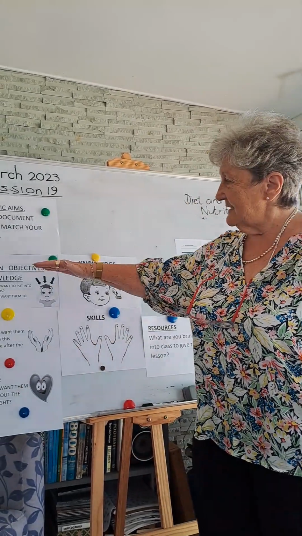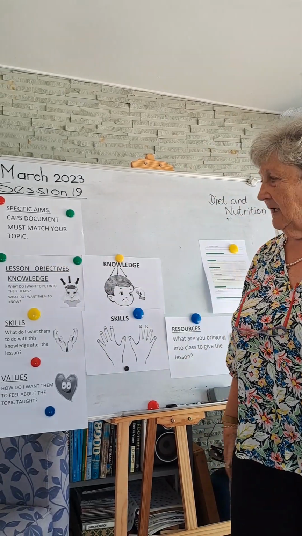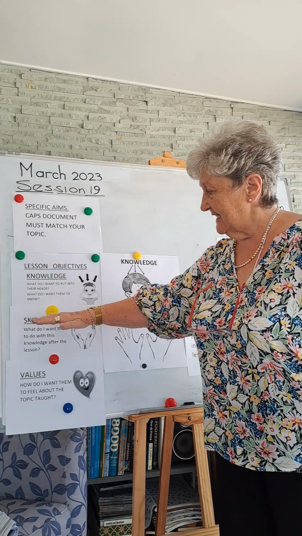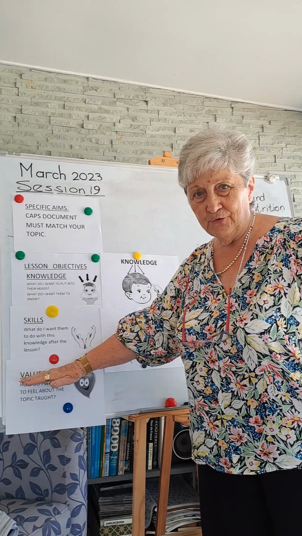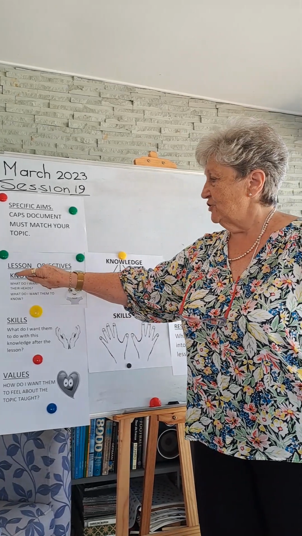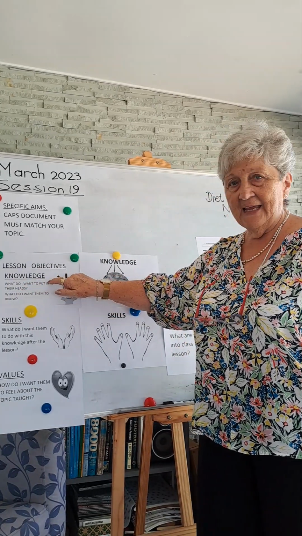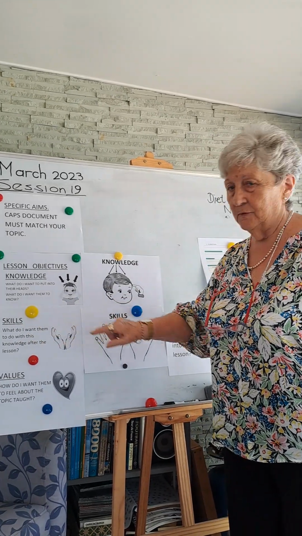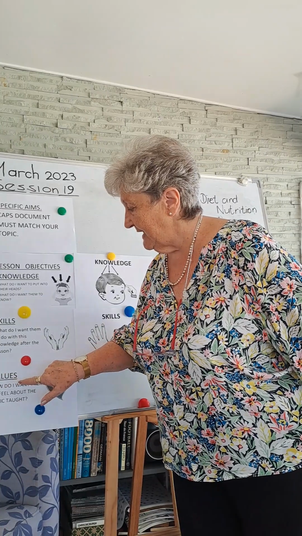So, your lesson objectives are in 3 parts: knowledge, skills, and values. And in each part, we write, learners will be able to.